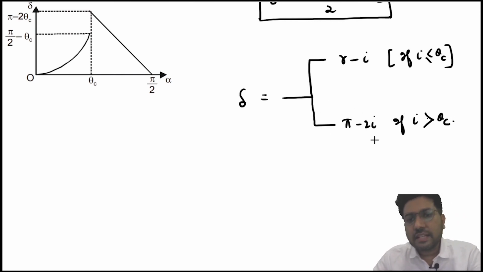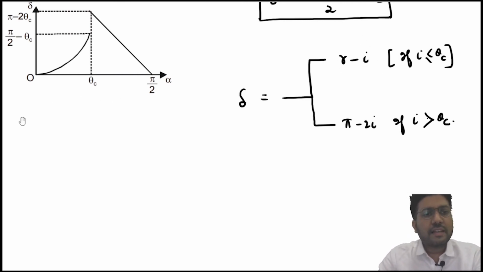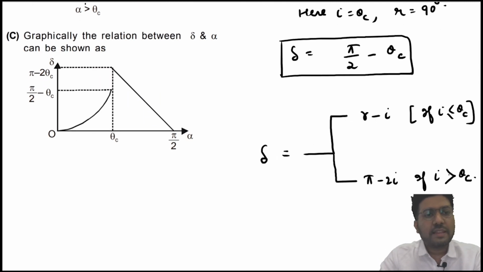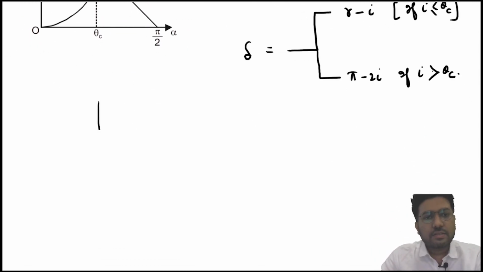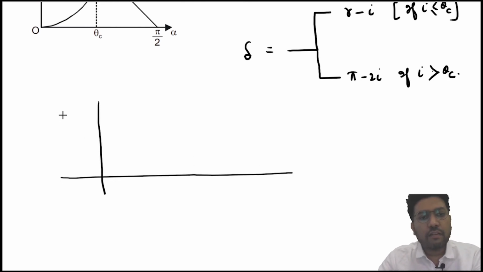Why? Because here there is reflection and there is refraction. Understood? So now if they ask you to draw the graph between the angle of deviation and the angle of incidence.